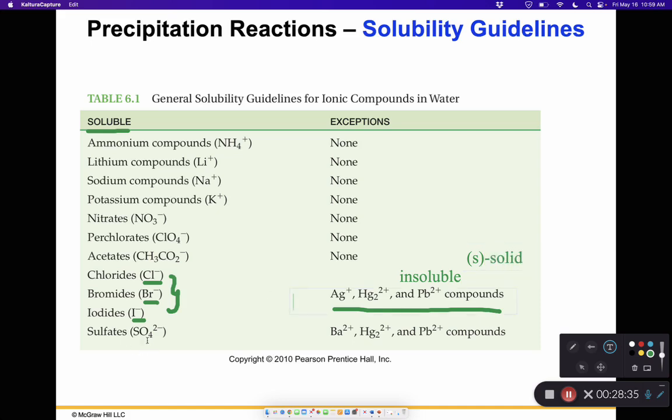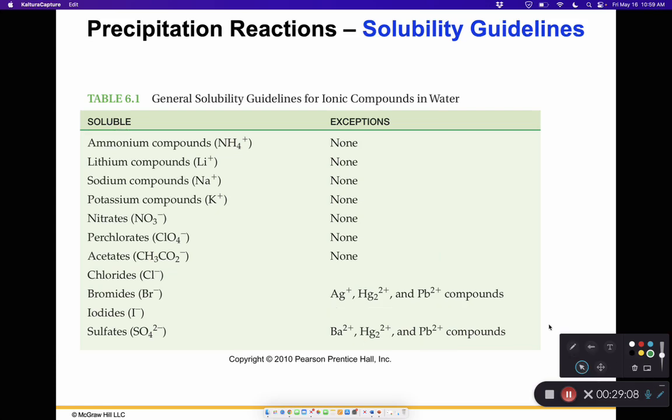Now if your anion is sulfate, again most sulfates are soluble, except barium sulfate, mercury sulfate, or lead sulfate. In this case they are insoluble, and in the equation we write s to show those insoluble compounds.